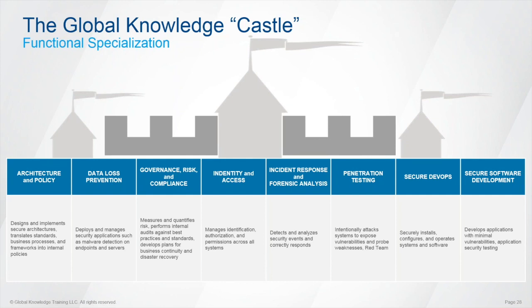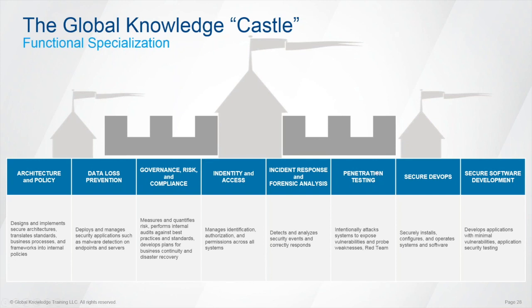So if you talk to large companies especially, they generally divide their cybersecurity team up into these groups of people. So you'll have an architecture and policy group, data loss prevention, et cetera, all the way across the list here. As you go through these, each one of these may have an analysis phase, it may have an implementation, those types of things.